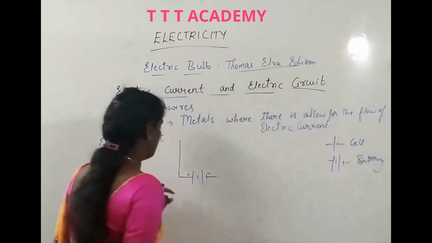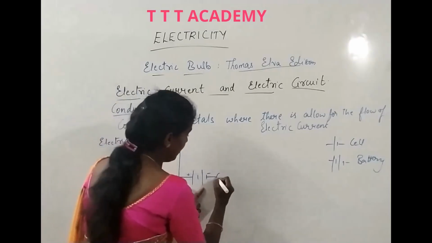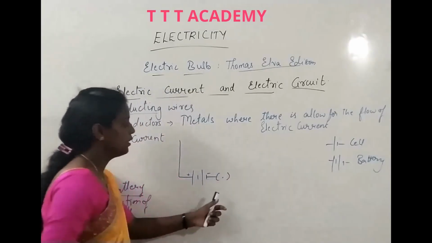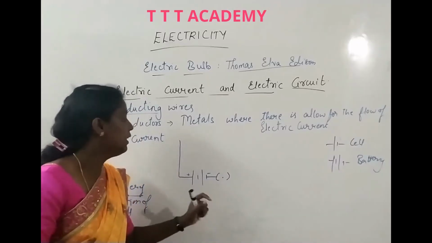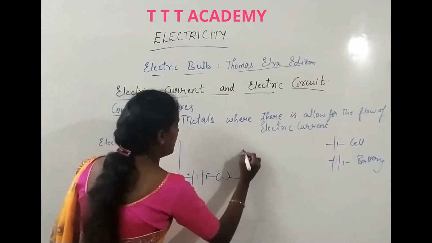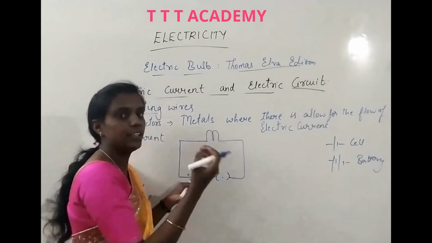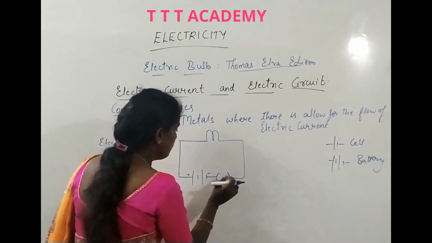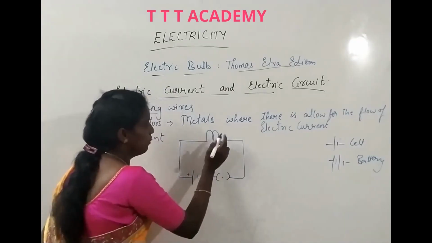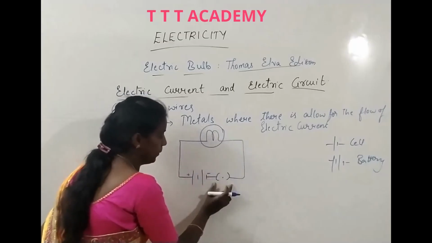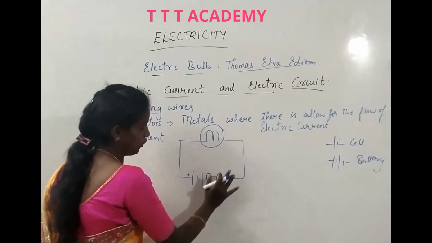So when there are more cells, that is called a battery. Now this circuit is connected with the battery, and we have a switch here. What do you mean by switch? Switch is a connecting link between the battery and the bulb. The bulb is going to emit the light. So this is the basic structure of a circuit.